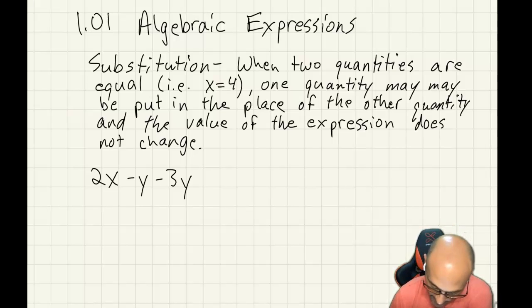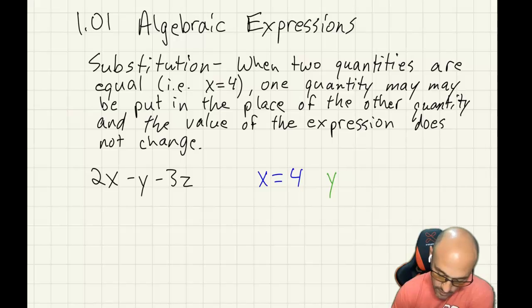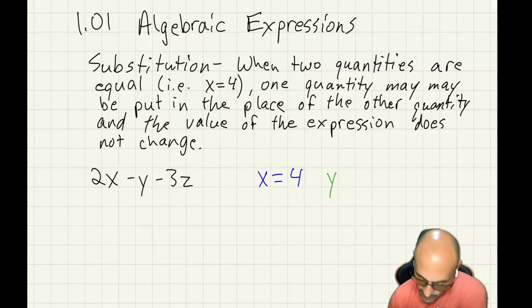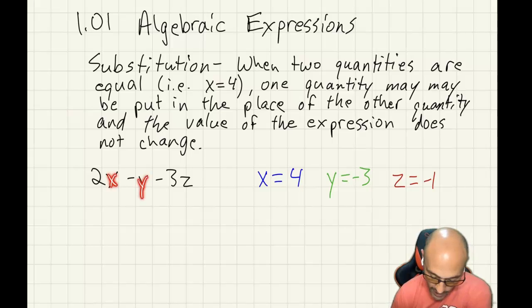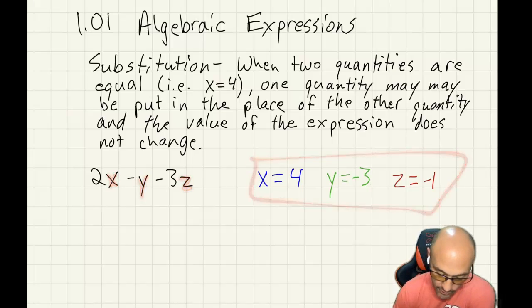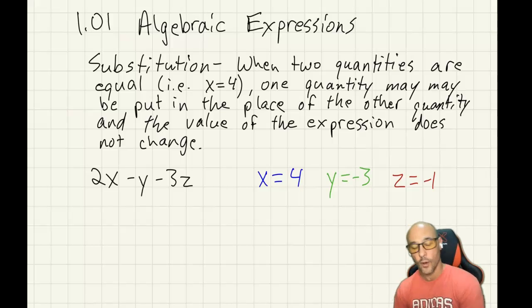So I'm going to say x equals 4, y, oops, I did a y here, I should have done z, sorry about that. y equals -3, and z equals -1.